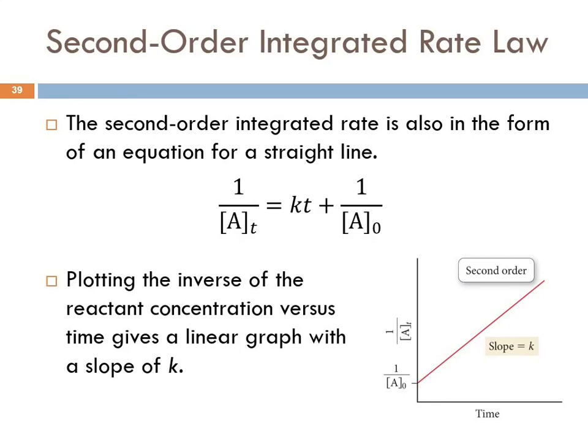Sorry, I'm having an argument with the internet. Y equals mx plus b. So now what we want to do is graph 1 over the concentration for the y-axis versus time, and that will give us a straight line where the slope is k and the y-intercept is 1 over the initial concentration.